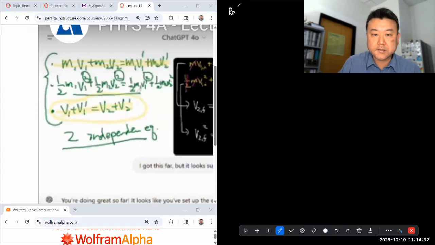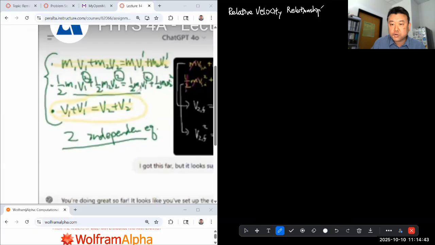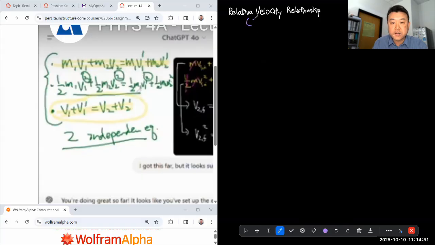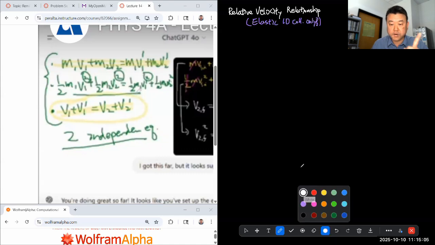So, the relative velocity relationship. I want to make it clear that people don't misuse it in contexts where it doesn't apply, so let me clearly say it's for elastic 1D collision only. What's derived here, let me write it down. You are looking at two objects colliding, object 1 and object 2.